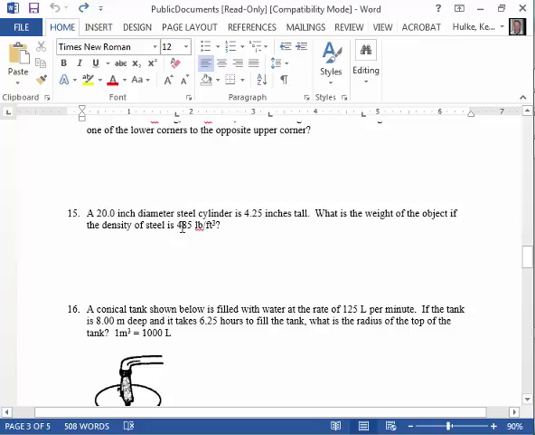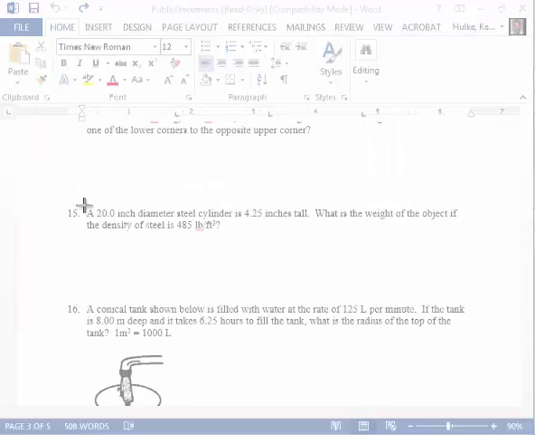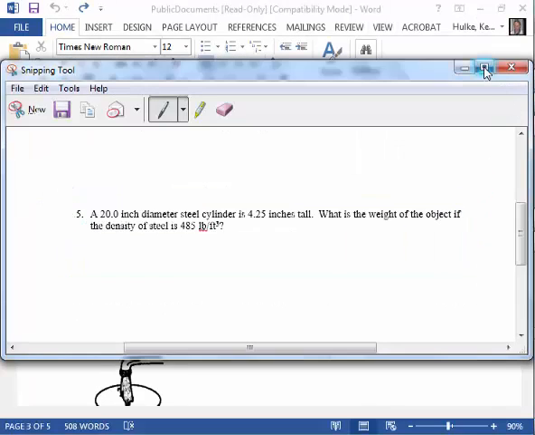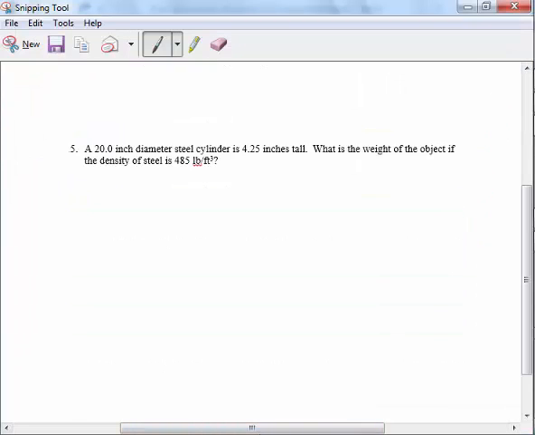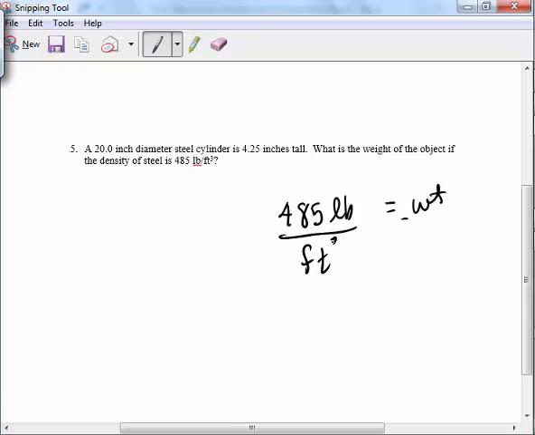Since we want the weight in pounds, let's scope out this problem here. We're going to have 485 pounds per cubic foot.